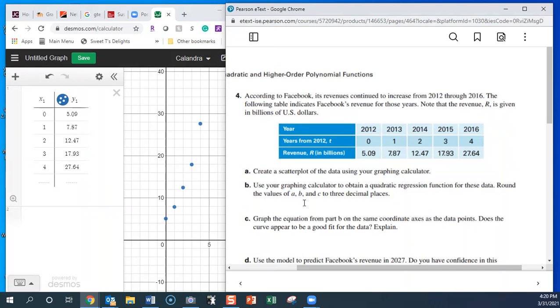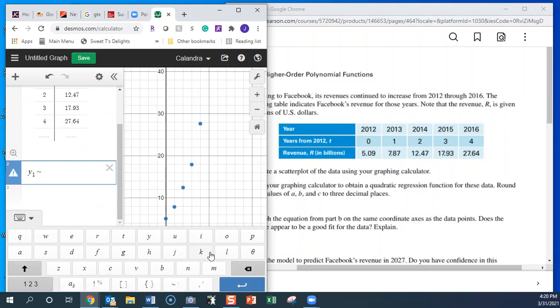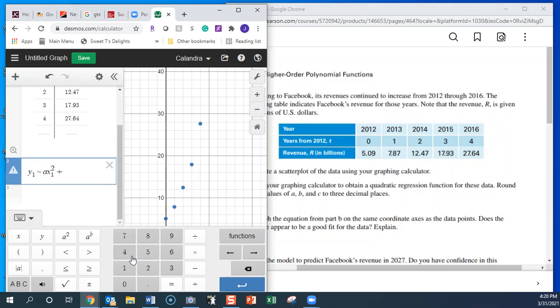Okay, it says using your graphing calculator to obtain a quadratic regression function for these data. So we will do the same thing we did before. It'll be y1. We'll get our tilde, and then we will have a x1 taken to the second power, plus bx1, then plus c.